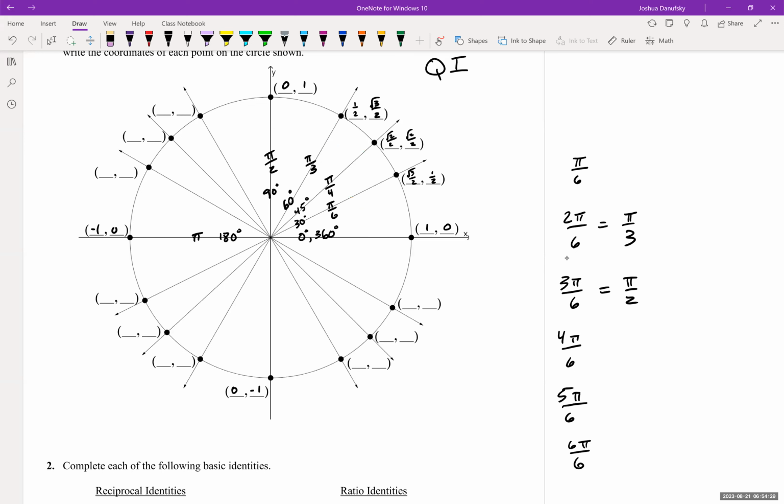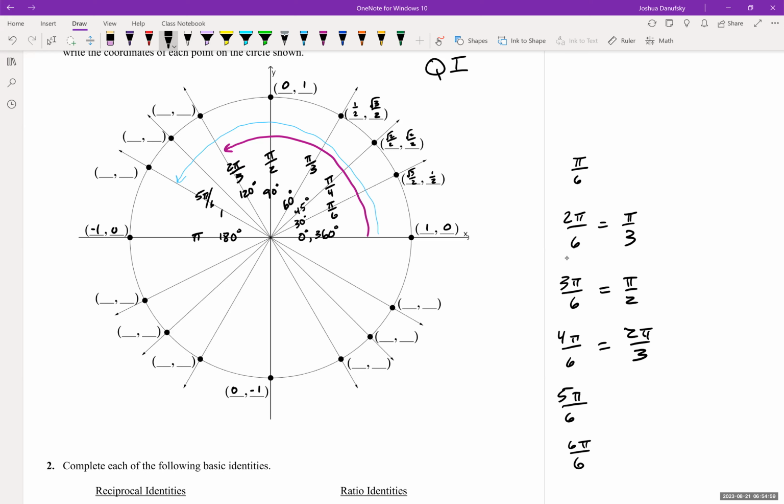Then if we go to 4 pi's over 6, that takes us to here. But 4 pi over 6 reduces down to 2 pi over 3. So that's what we have right here, which is at 120 degrees. And then we'll go another pi over 6, which takes us to there, which is 5 pi over 6.